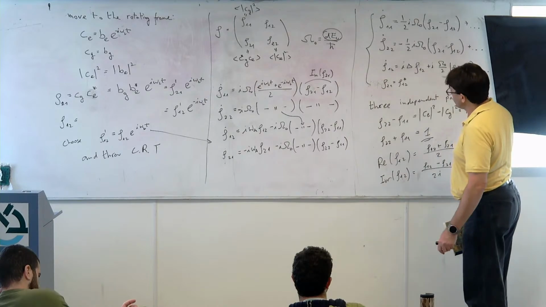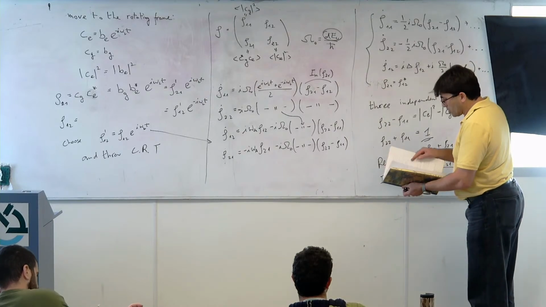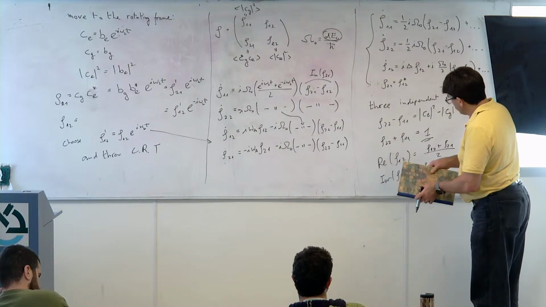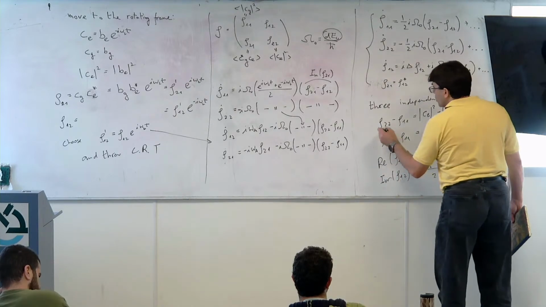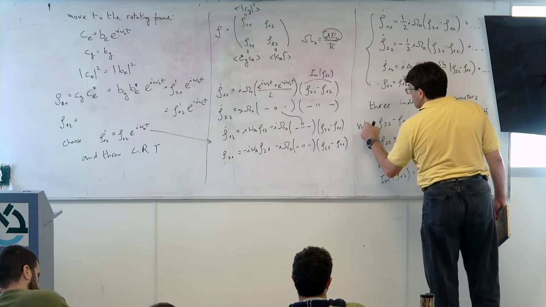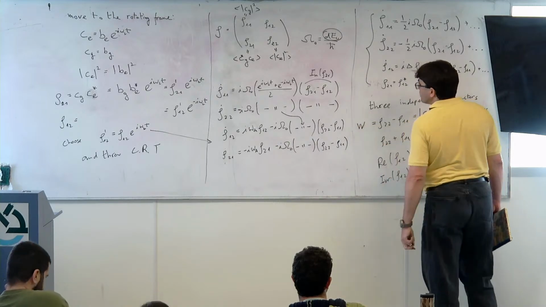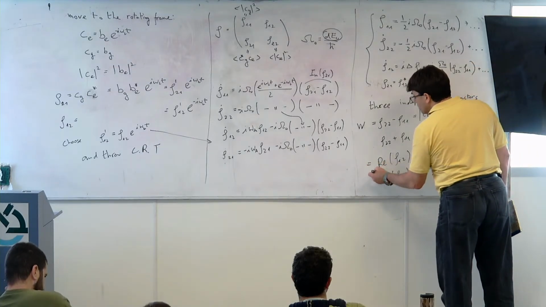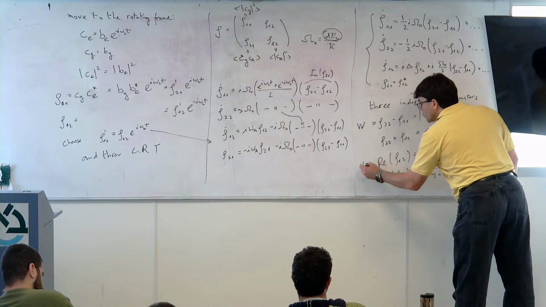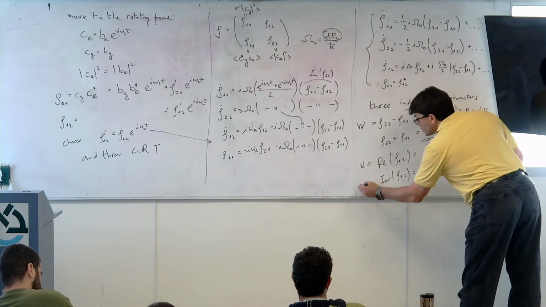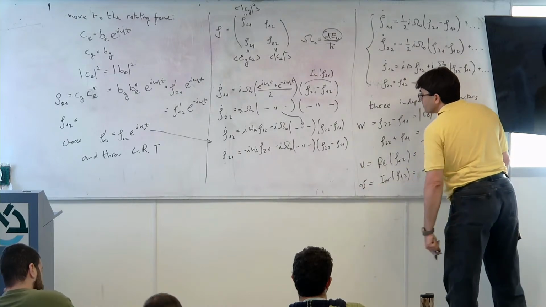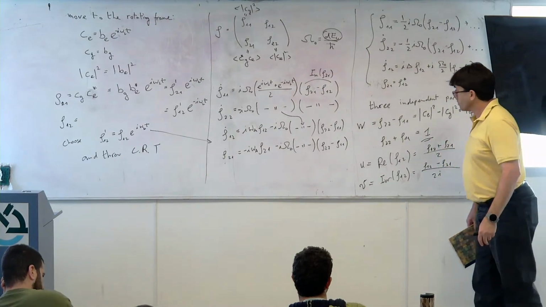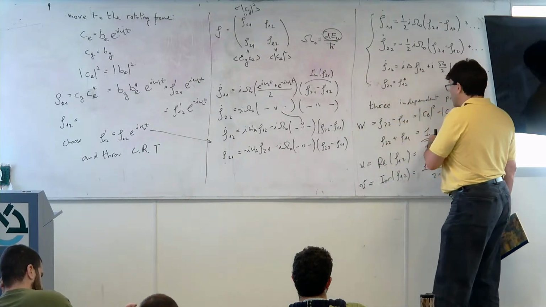So now I'll give those things a name. We will call that one W. I'll call this one U. And I'll call this one V. Just a name for now. And what about this one? I don't need it right now.